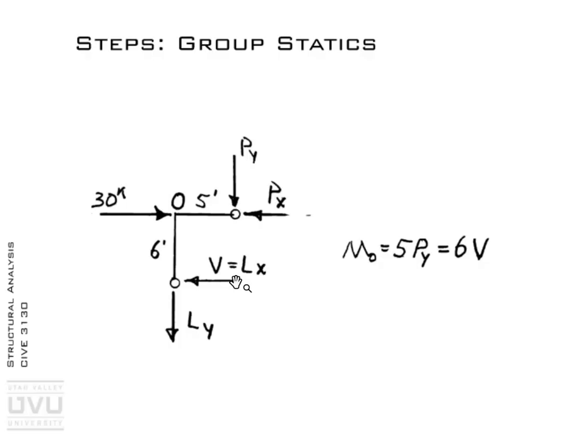And then summing forces horizontally, that and that and that all play together. Bottom line is I can write relationships to solve for these 4 unknowns from this free body diagram. Then with that, I can ask, what is my moment at point O here? Because that's what I really care the most about. And that's just going to be P sub y times a moment arm of 5 feet in this case.